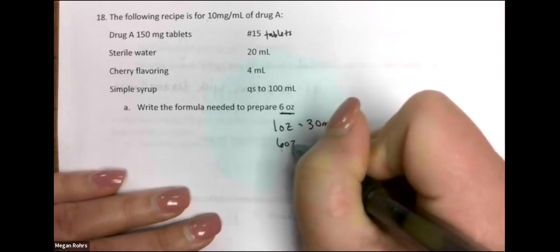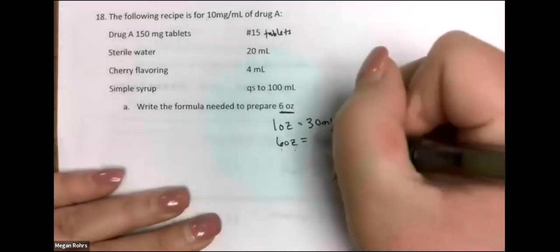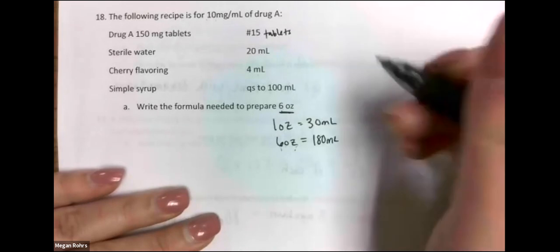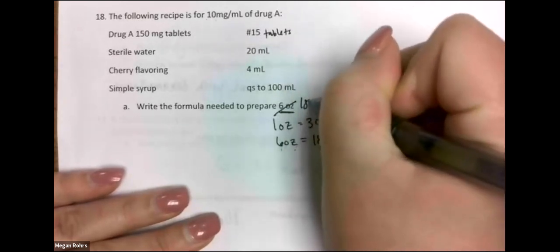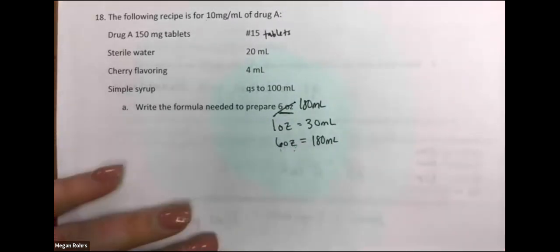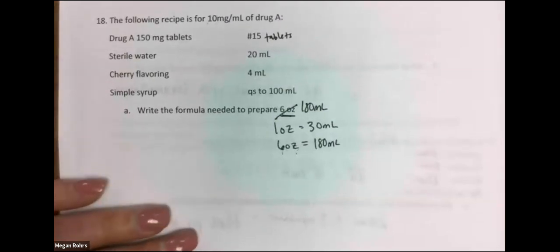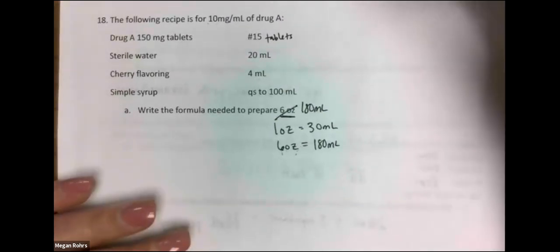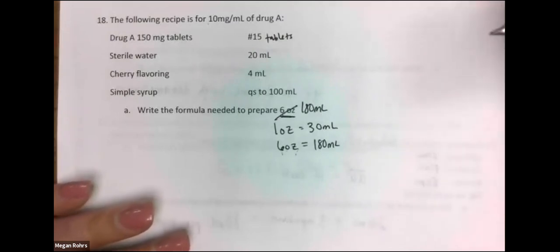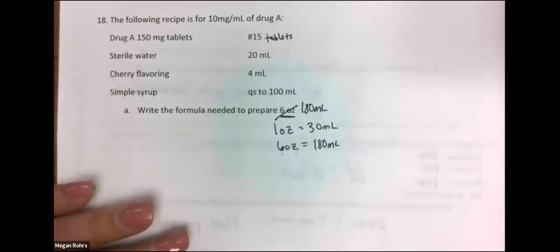So 6 ounces, 6 times 30 gives us 180 mils. So I'm really preparing 180 mils here. Now we can use ratio and proportion to do just that. Just like the one we did before, it just looks a little bit different. This is a liquid this time instead of a gel.